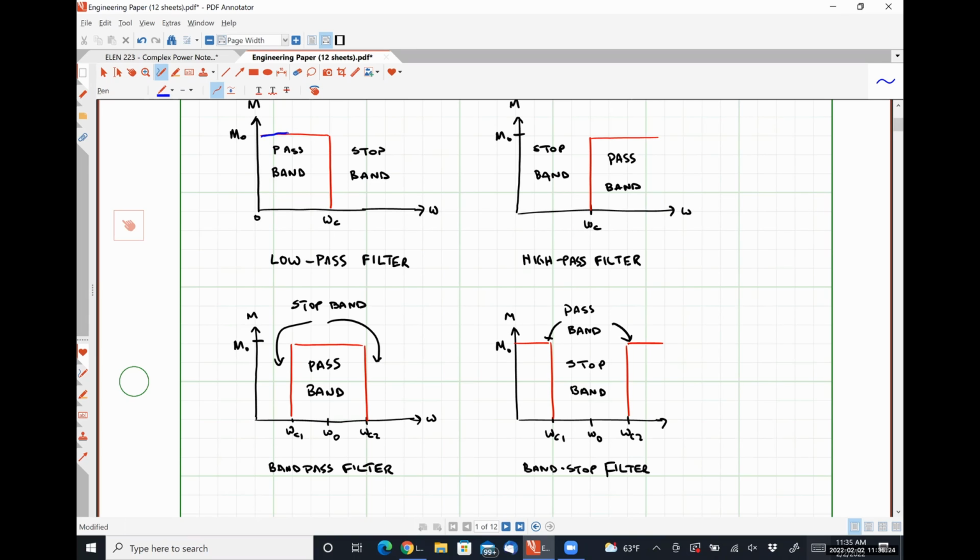If I can draw this correctly. Something that looks like this. Something that looks like this. Something that looks like this.